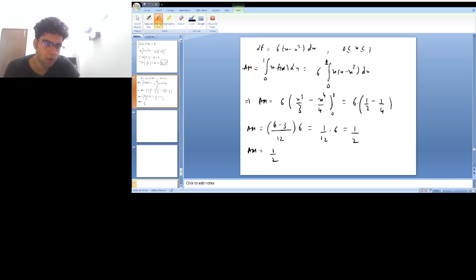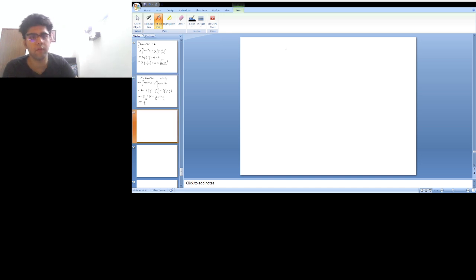Now let's find the median. I'll be finding the geometric mean and the harmonic mean later. So let's just find the median. For median we need to find a number m such that, for example, x lies between a and b.